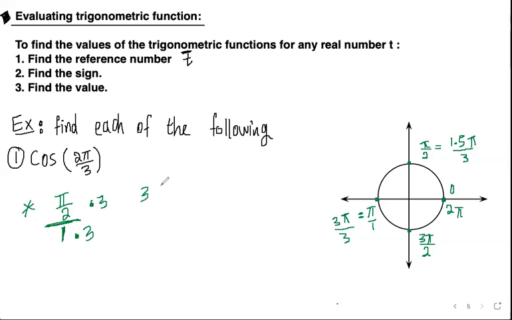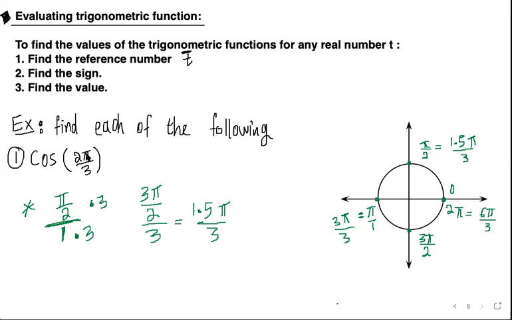I get 3 pi over 2 over 3. 3 over 2 is 1 and a half. Pi over 3. So the denominator is 3, and here I can make it like 6 pi over 3. So the denominator is 3.